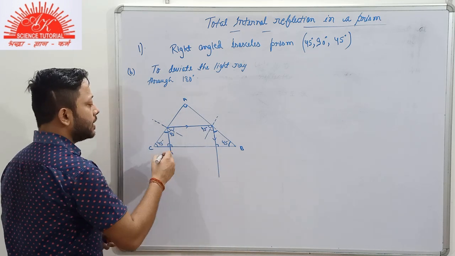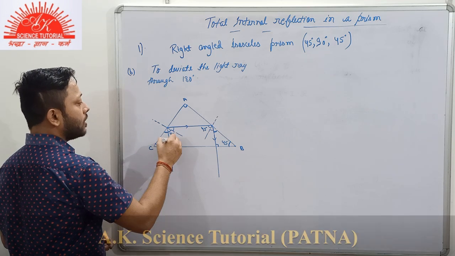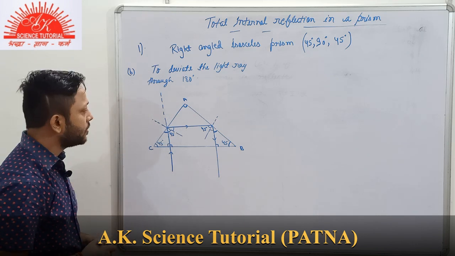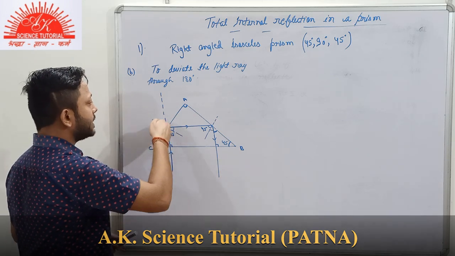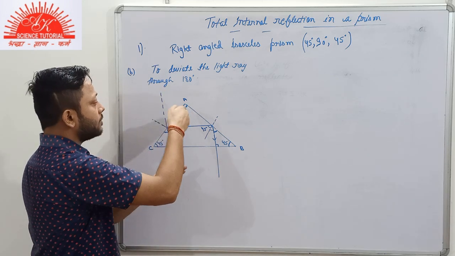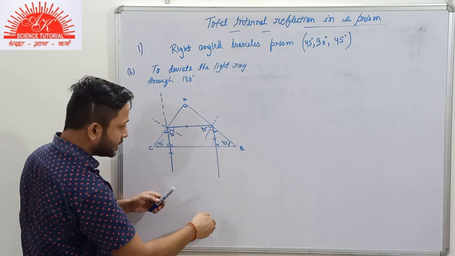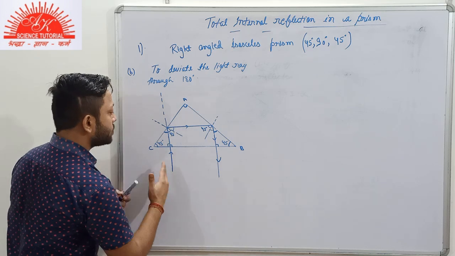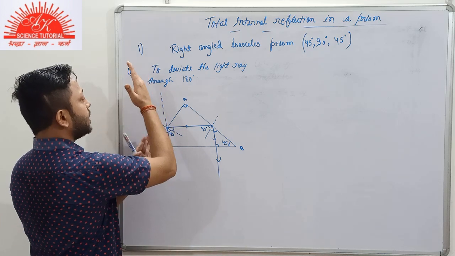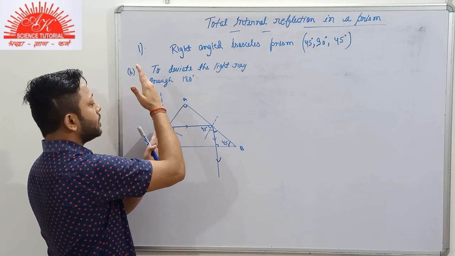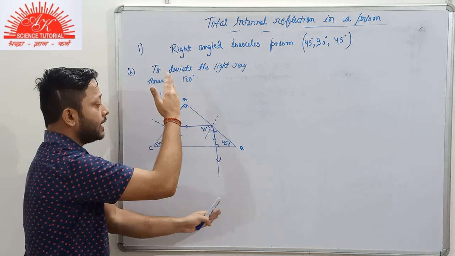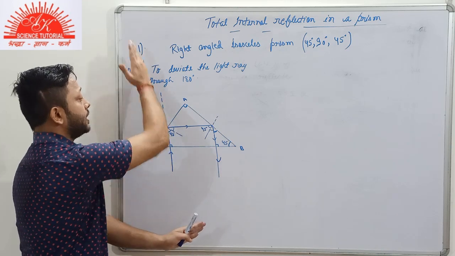As you can see here, the light ray was traveling along this direction. I'll produce it so that it is much clearer to you. It was moving along this direction, but when it comes out of the prism, it is moving along this direction. So it was moving along this direction, but after it enters the prism and total internal reflection takes place 2 times, the light ray is opposite to the initial direction.